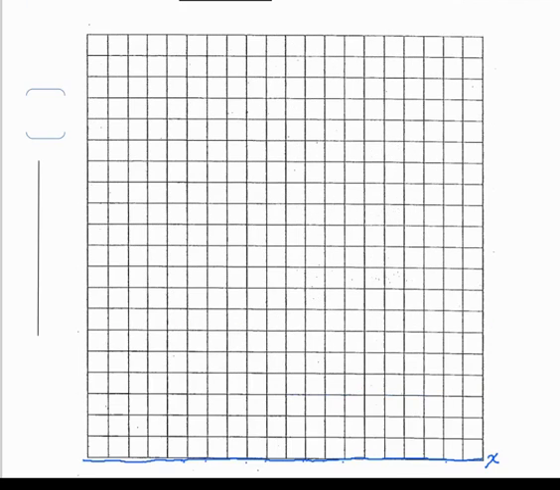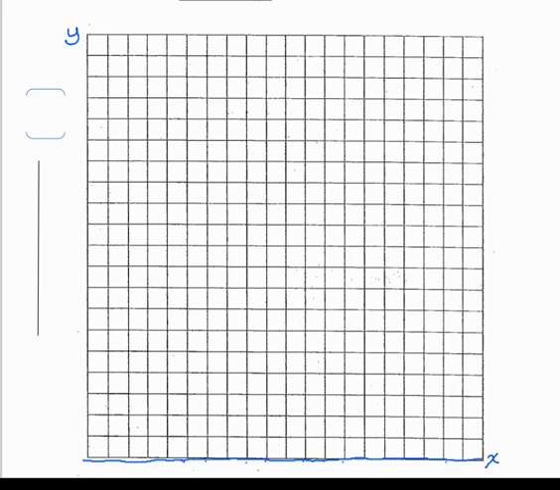Here is my x-axis, the bottom one. Okay, and I'll just sort of highlight that, but you don't need to. And then my y-axis is the one on the left going up and down. So I'm going to put that at the top here. Okay?